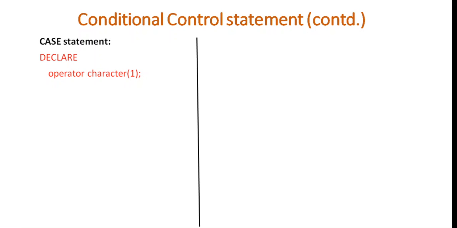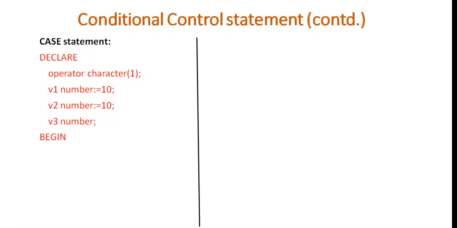Now we'll see the code to perform a mathematical operation by reading operator from the user. So here I have declared one variable which is operator, which is of character type, and the size of that variable is 1. That is, it can hold only a single character. Then I have declared three variables, variable 1, 2 and 3.